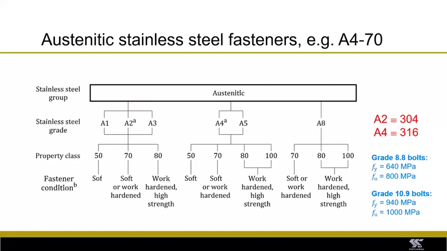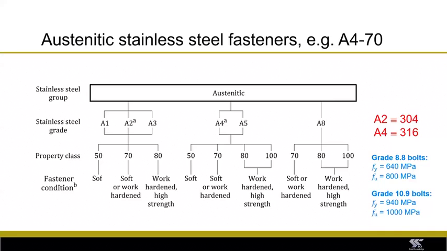So property class 80 means that the tensile strength is 800 megapascals. So very similar to a grade 8.8 bolt. And property classes 70 and 80 are very widely available. Property class 100 is newer, so that's not as widely available.